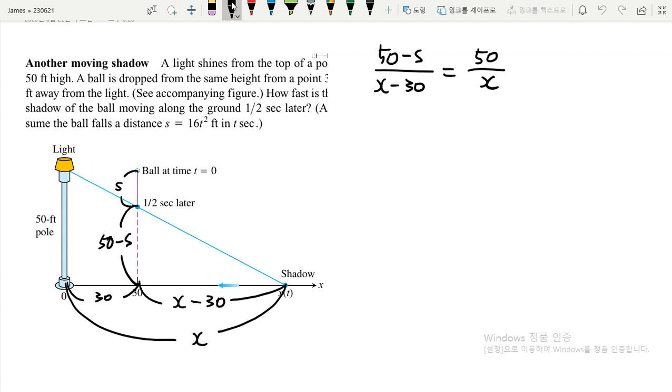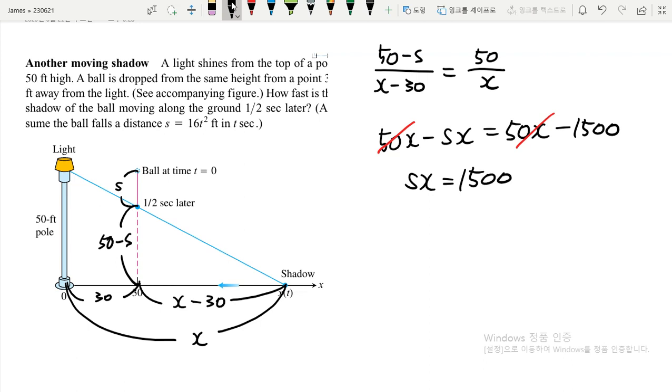If we do the cross multiplication, 50x cancels. So that means the product of s and x is constant, 1500. So if we differentiate this equation, this is 0.